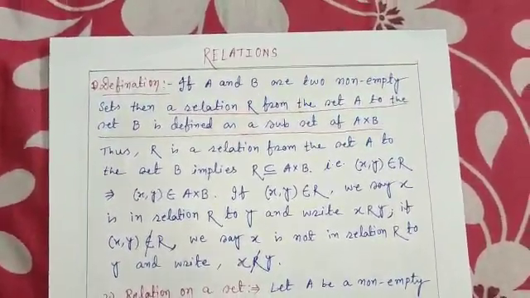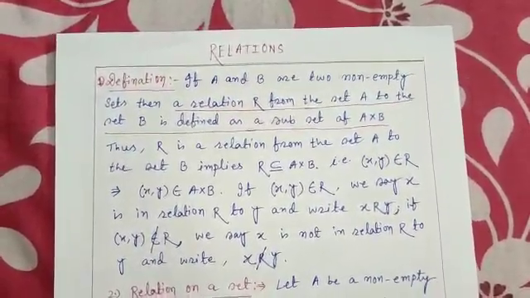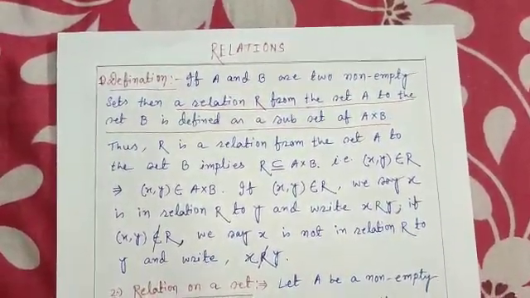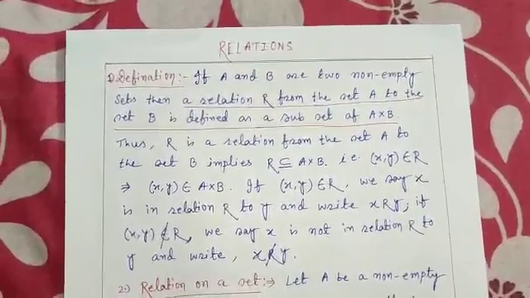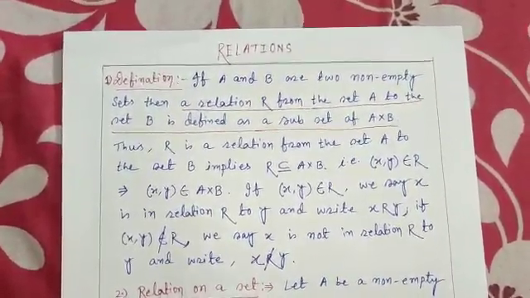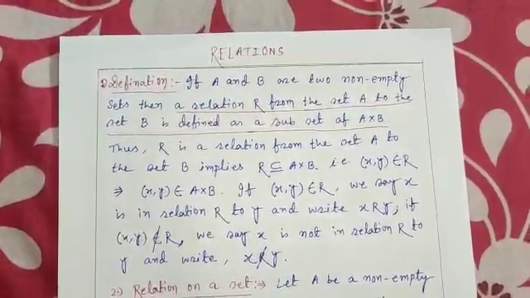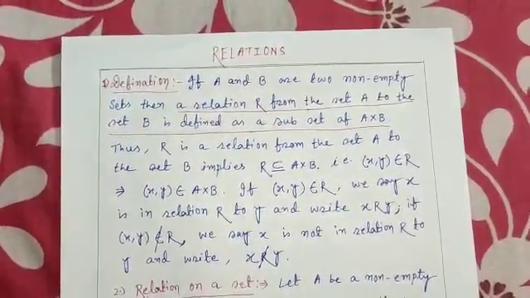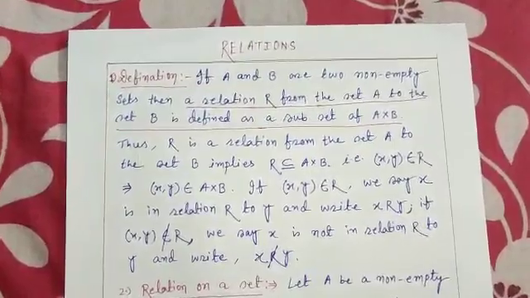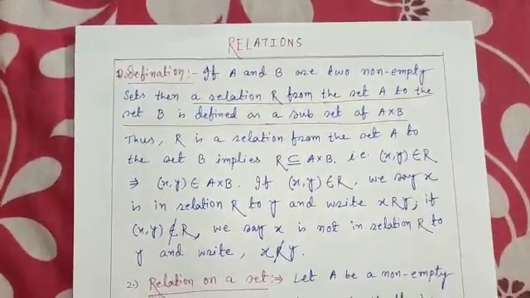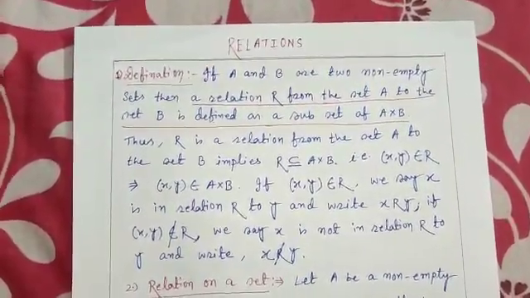Then A cross B will be (1,a), (1,b), (1,c), similarly (2,a), (2,b), (2,c) and (3,a), (3,b), (3,c). Now we have got 9 elements. Listen carefully, we have got 9 elements.